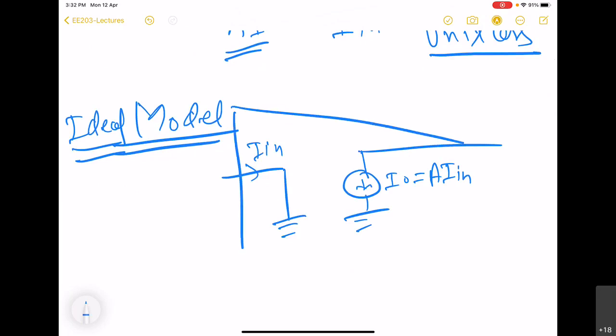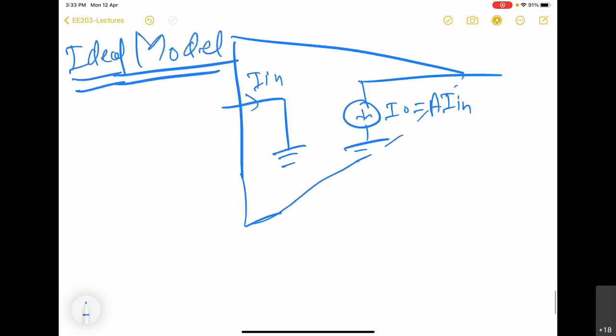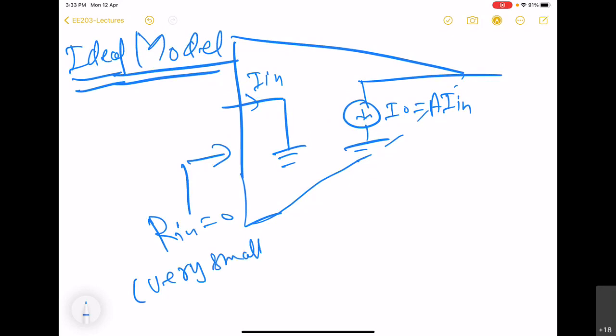So this is the model of the amplifier. Now if you take a more realistic scenario, then instead of having Rin exactly equal to 0, we will have it very small, right?